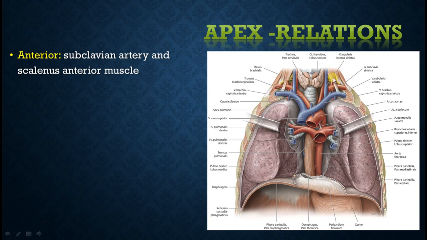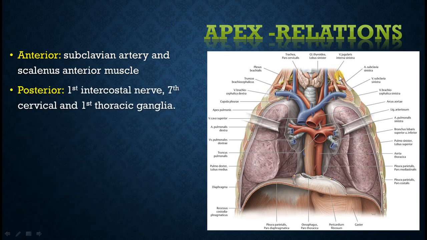Okay, you have three muscles: scalenus anterior, scalenus medius, and scalenus posterior. So anteriorly it will be related to the insertion of the scalenus anterior muscle. Laterally, the apex of the lung will be related to the scalenus medius muscle.